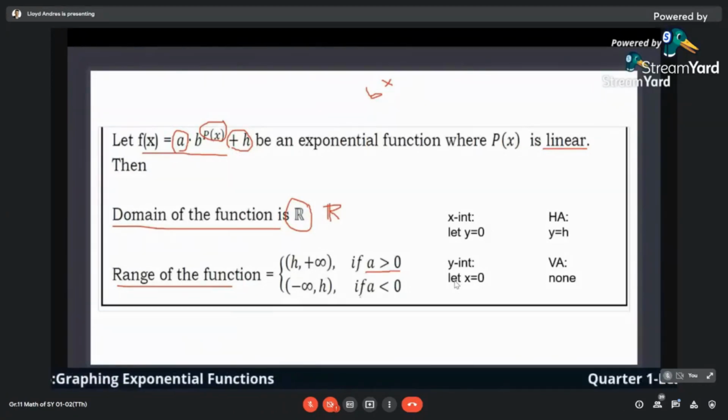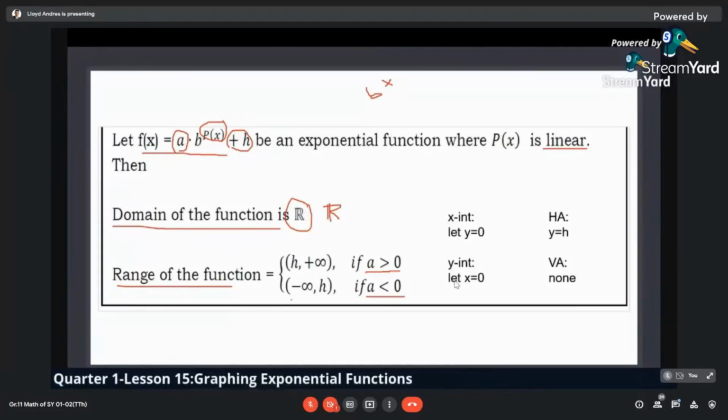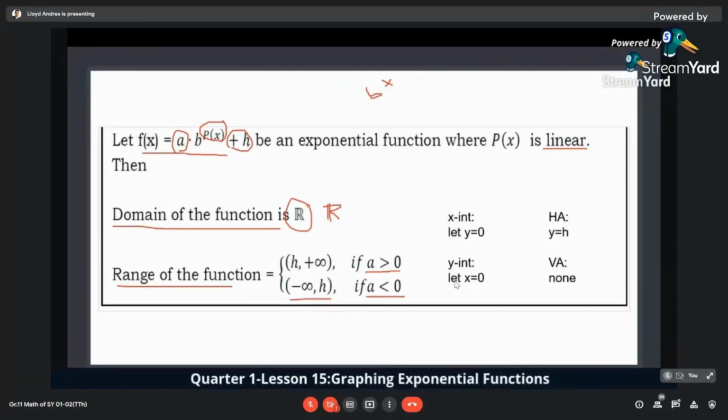But if a is less than 0, negative, the range is from negative infinity to h.